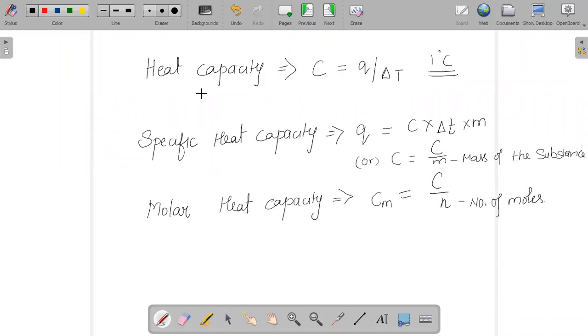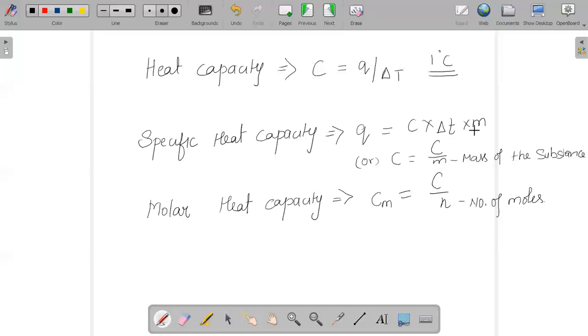So how do we relate heat capacity and specific heat capacity? Specific heat capacity is also the amount of heat required to raise the temperature of a substance. But in heat capacity, we are talking about raising the temperature of the substance by 1 degree Celsius, whereas here it is to raise the temperature of 1 gram of the substance through 1 degree Celsius.